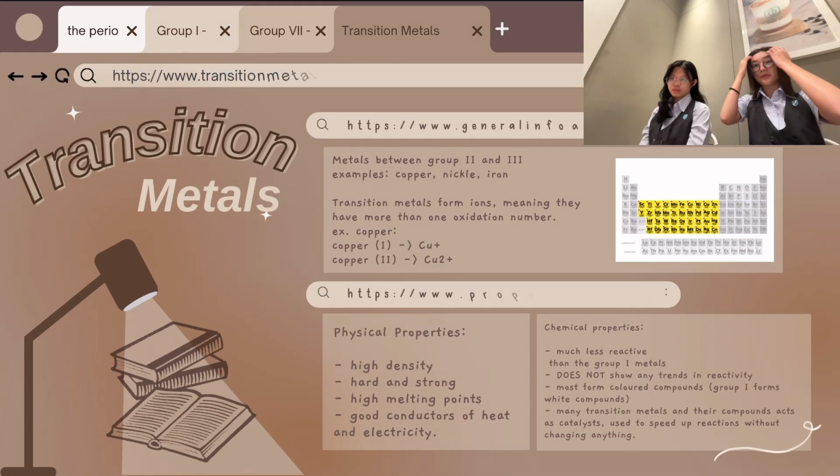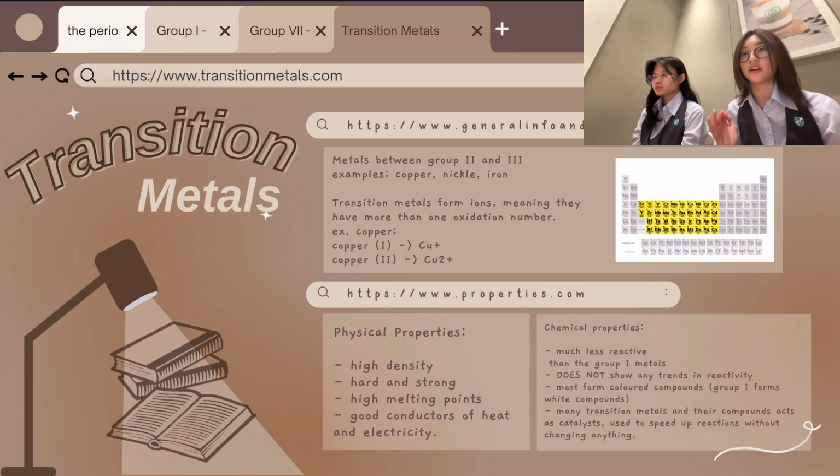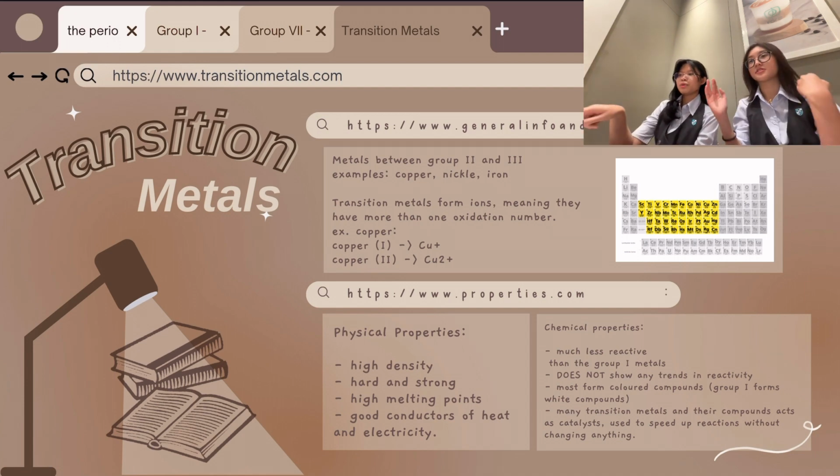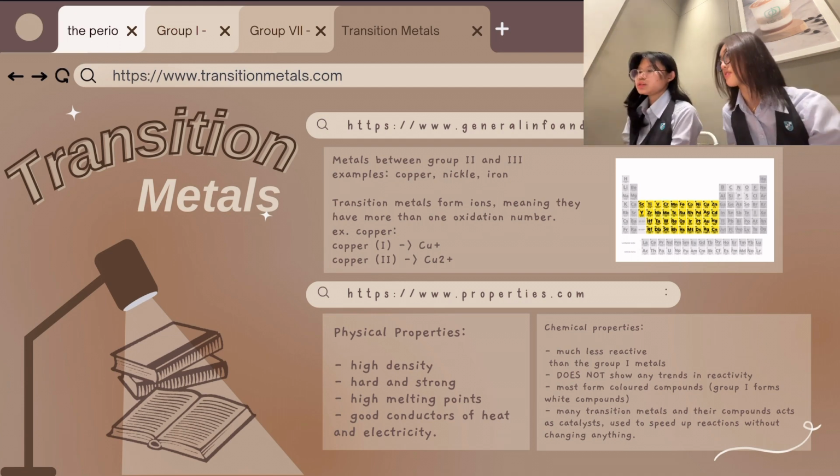Alright, so now we'll be going on to transition metals. These are metals between group 2 and 3, examples being copper, nickel, and iron. You see there's a shallow area over there in the periodic table, all the yellow ones. They are known as transition metals.